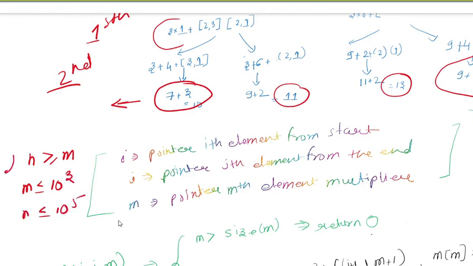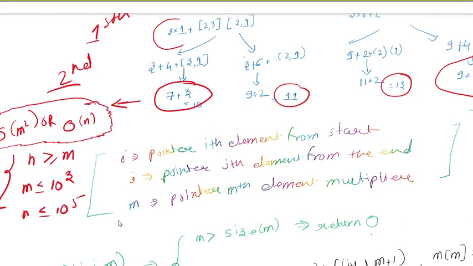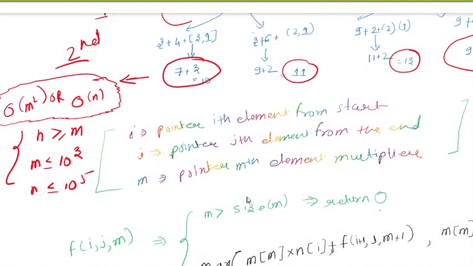So looking at the constraints, we have to come up with a solution of time complexity such as O(m square) or O(n). These are the possible time complexities which will be accepted by the judge, right?